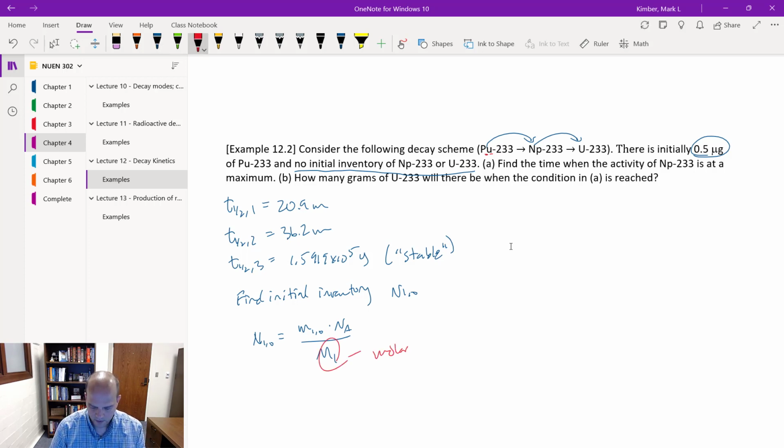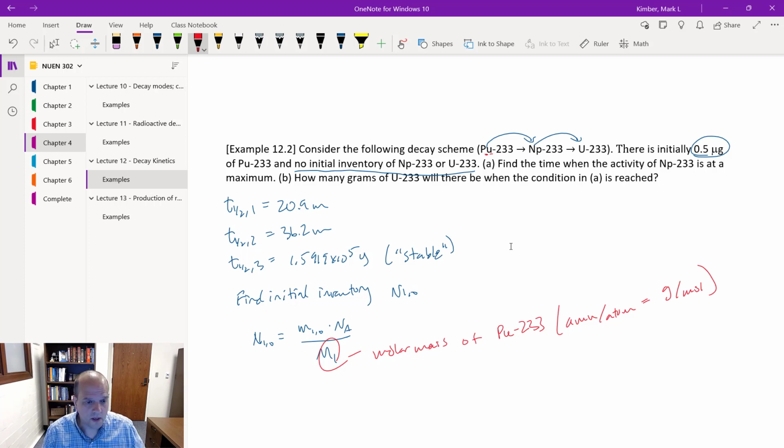the molar mass of isotope 1, so this is plutonium-233, AMU per atom is equal to grams per mole.